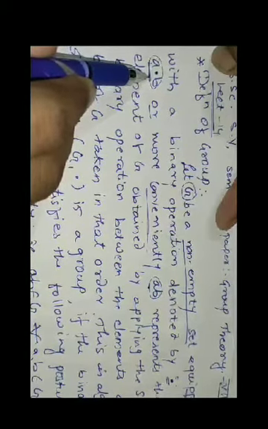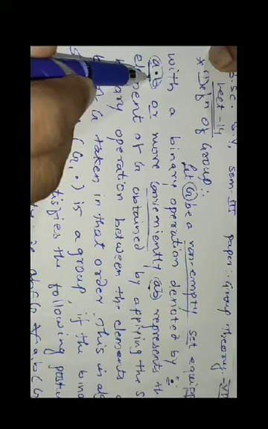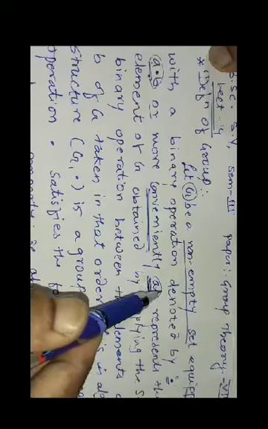So by convention we just write AB, which means there is a dot but no need to write it.